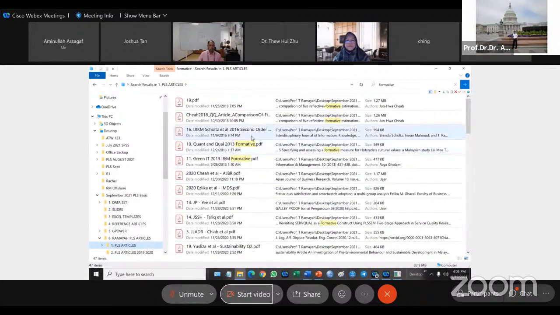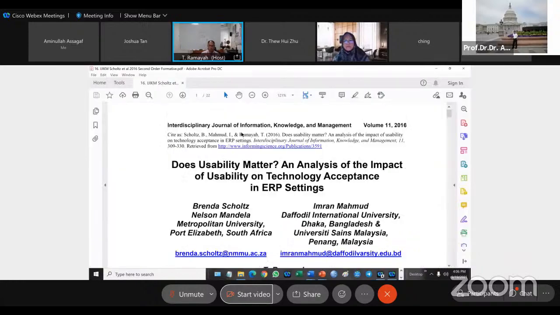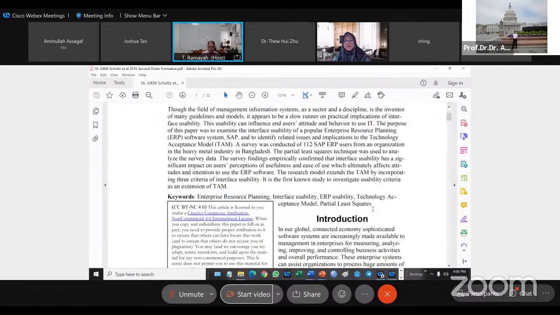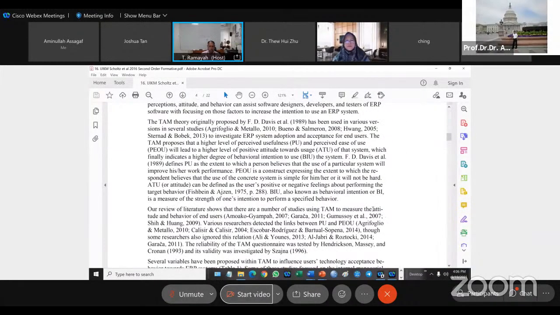Yeah, this one. Number 16, and number 10. Number 10 and number 16, I think, are formative. This is the one, second order reflective formative. Number 16. So you can see an example here.